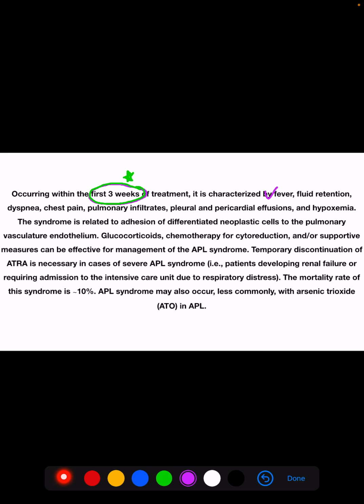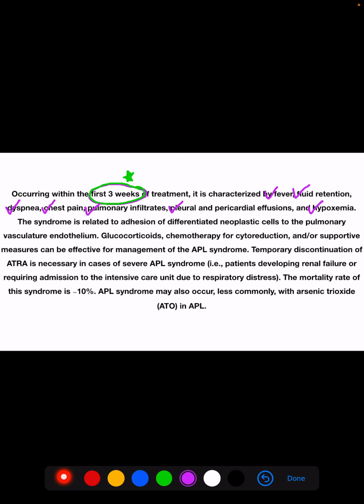By fever, fluid retention, dyspnea, chest pain, pulmonary infiltrates, pleural and pericardial effusions, and hypoxemia.